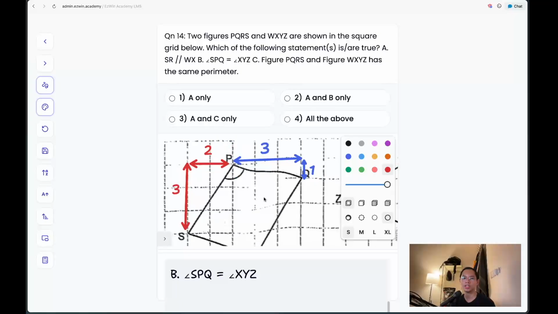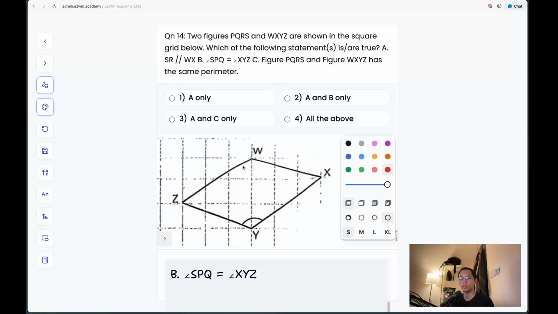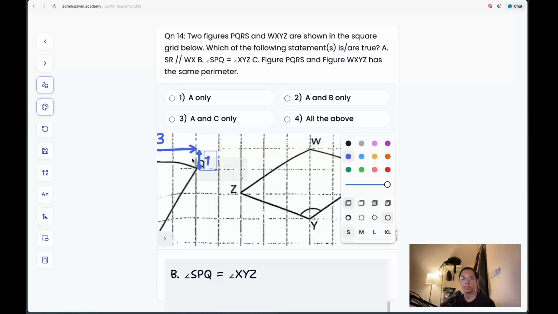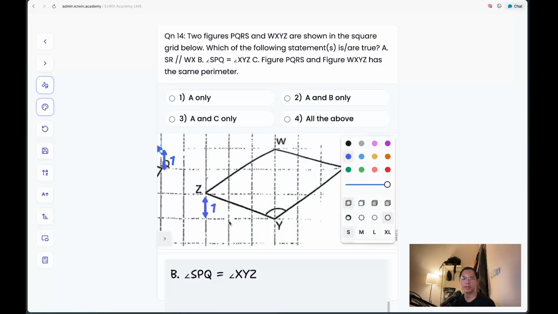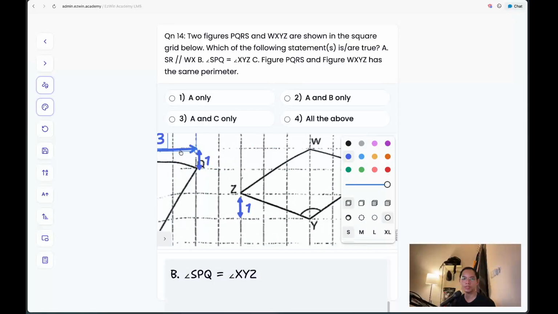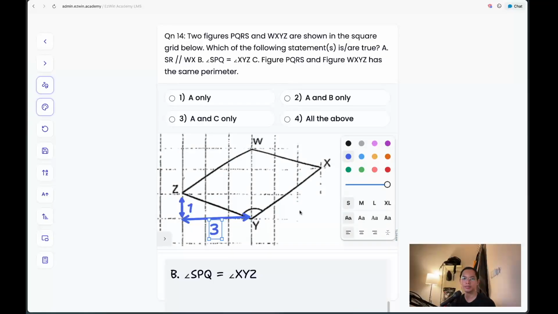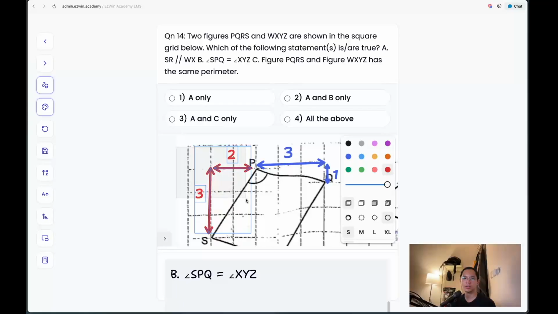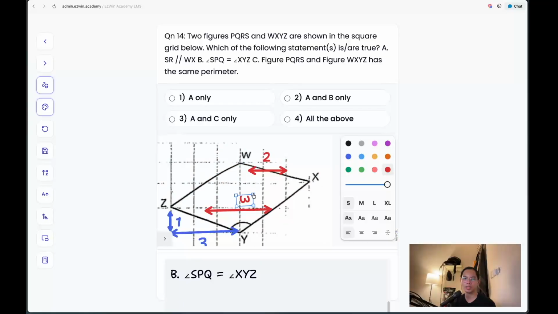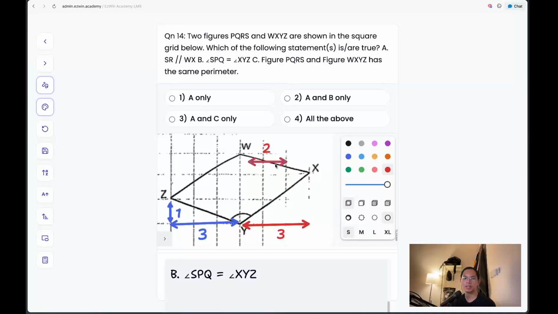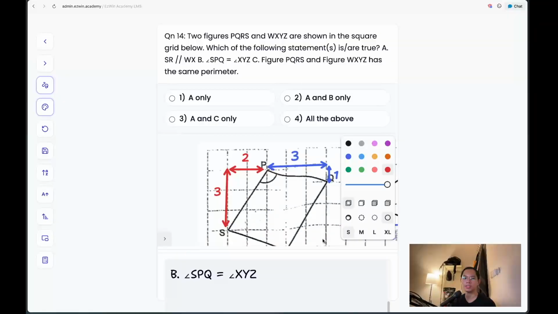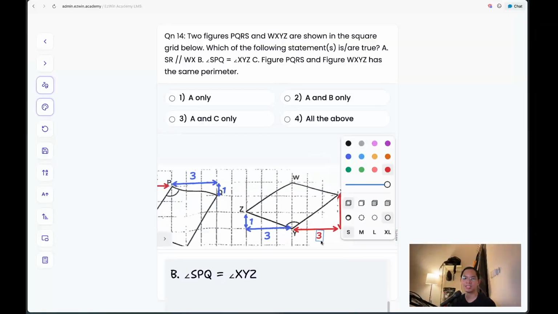We need to do the same with XYZ. So for XYZ, we have Z is 1, and Y is 3. Promising. And then we need to find YX. So it's YX 2 wide and 3 height. In this case, it is not exactly the same. So this will be an x.